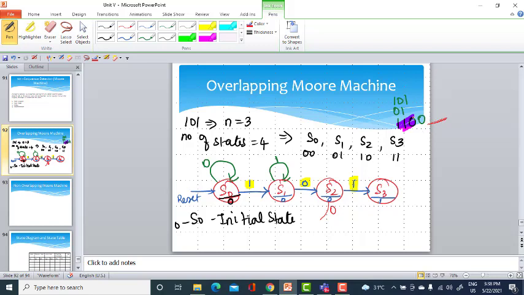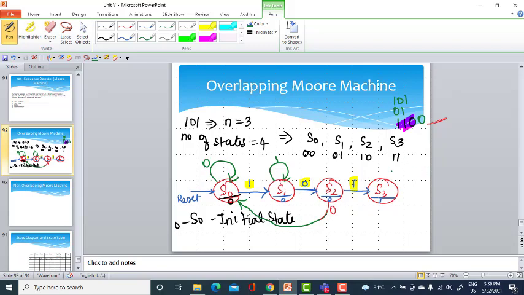But this is an overlapping sequence. Already it is 0, so when you receive 0, you are considering this previous bit 0 also. So from S2, you have to move to state S0, because already you have received 0.